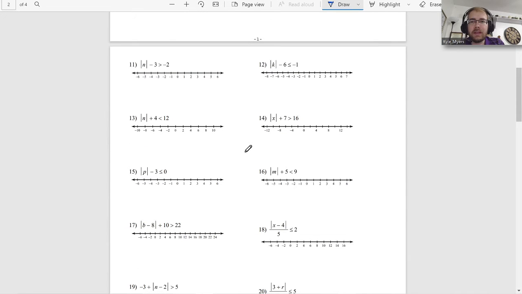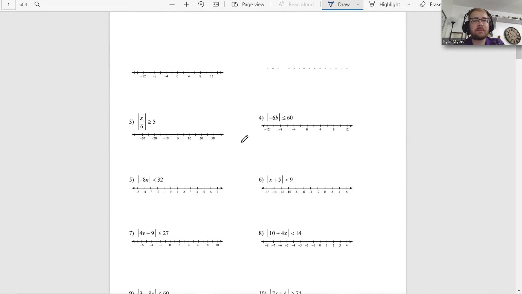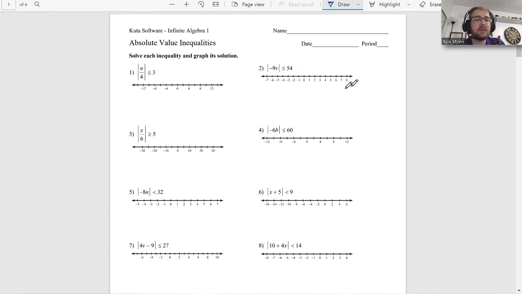Everything so far is inside of that, except for when we get to the second page, where there's some stuff that's not inside the absolute value. For those, we're going to need to solve everything that's not in the absolute value first, then split it. So really, we want to get the absolute value by itself first. It already is for the first page, so we don't have to worry about it. On the next page, we'll come back to that.